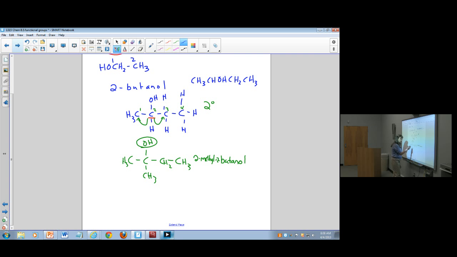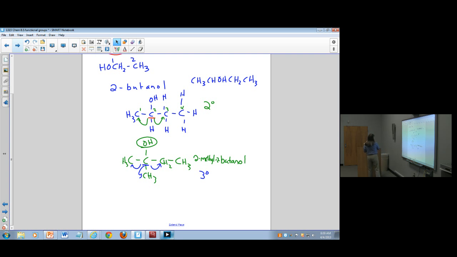In considering what kind of alcohol this is, we're going to look at the carbon bonded to the OH. That's bonded to this carbon, and that carbon, so that's a tertiary alcohol.